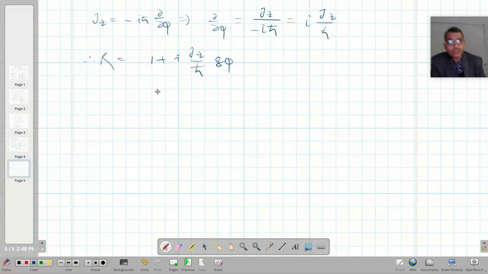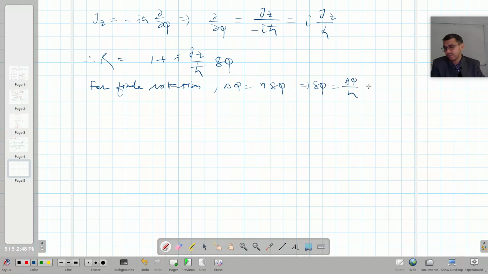So for finite rotation, delta phi is equal to n times delta phi over n, where n approaches infinity.